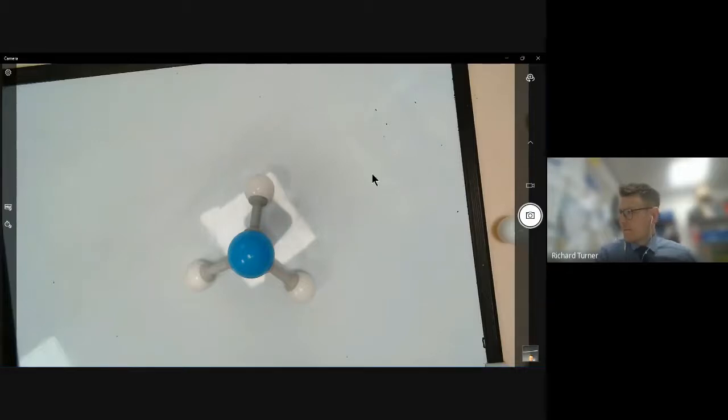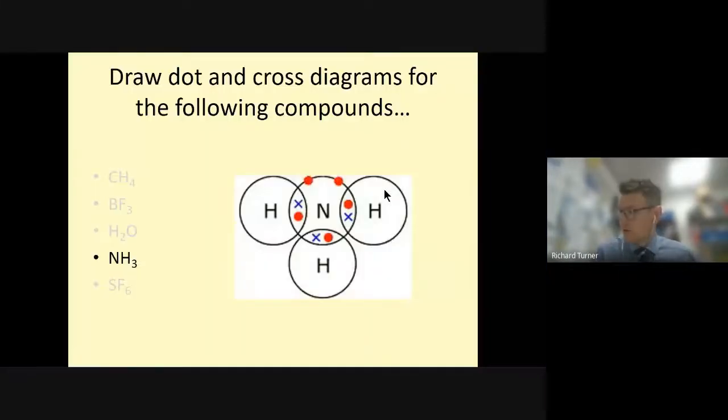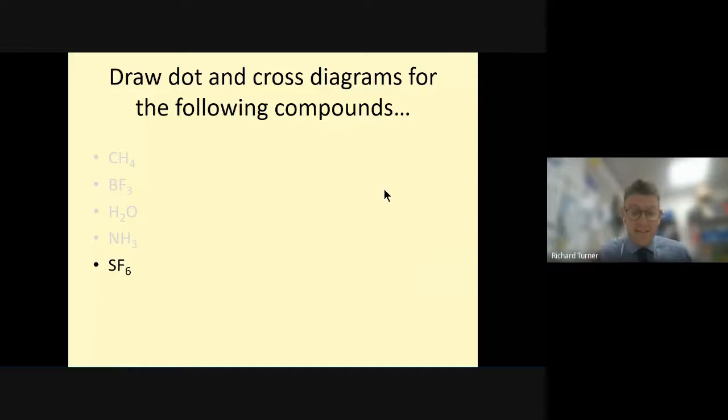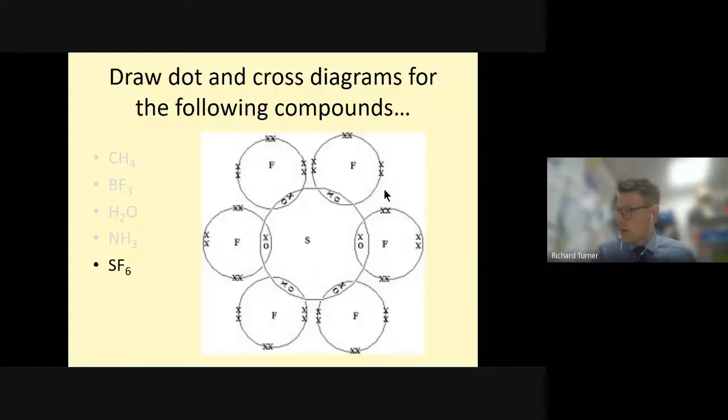And finally, did you attempt my challenge? This is a very complex molecule: sulfur hexafluoride. This is my dot and cross diagram. What do you notice? This is mind-blowing. The rules might have been oversimplified at GCSE.